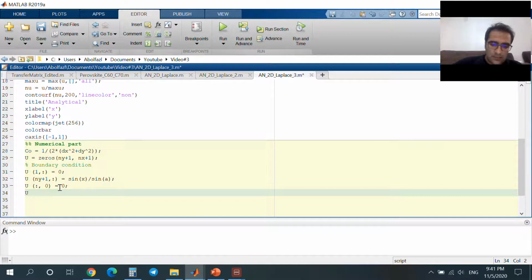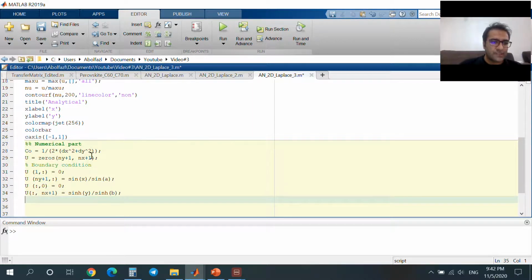And by the same way, at all rows and the nx plus 1 column, it is just sinh of y, right, divided by sinh of b, right?